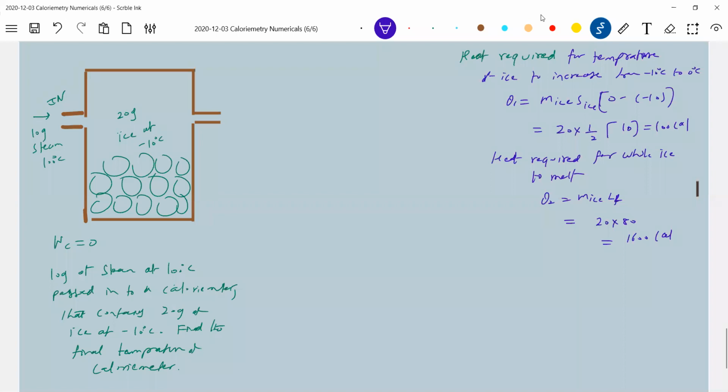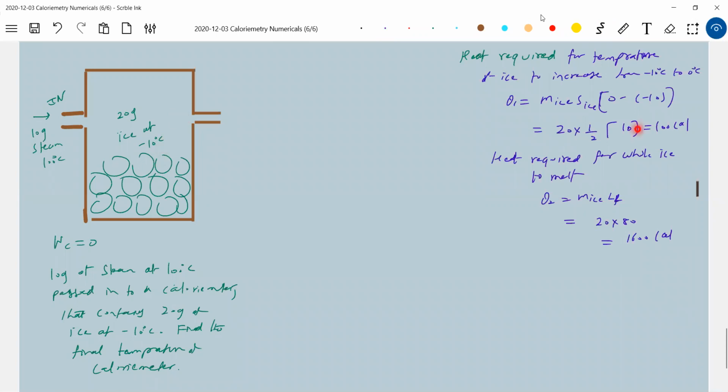Okay, for the steam condensing, if all the steam condenses, let's see what will happen. With all the steam condensing, 5400 calories is available, no? If all the steam condenses, 10 into 540, 5400 is available. So how much did we need? Just 1700. So what do you expect the temperature of the calorimeter to do? Should increase to 100.